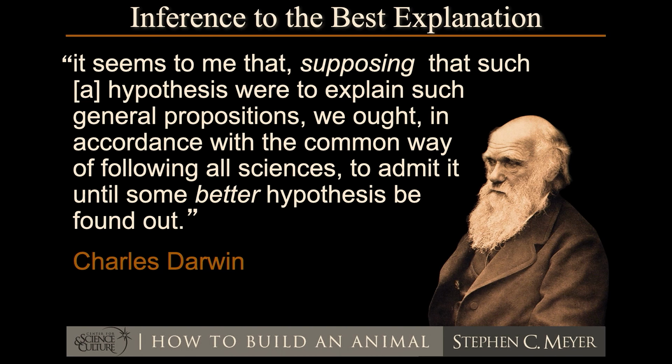Now, very quickly, you've probably heard me speak before about the logic of the design inference. One way of unpacking that is that in the historical sciences, when we're trying to figure out what happened in the distant past, we make inferences to the best explanation, where the best explanation cites a cause which is known to produce the effect in question.